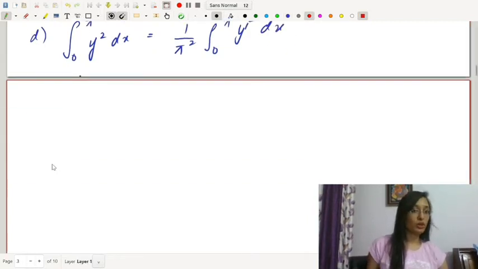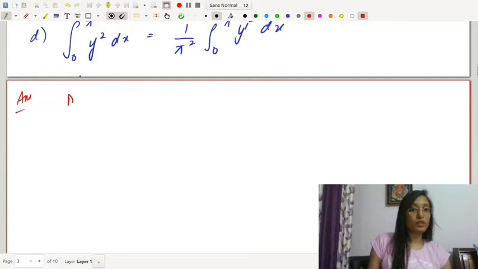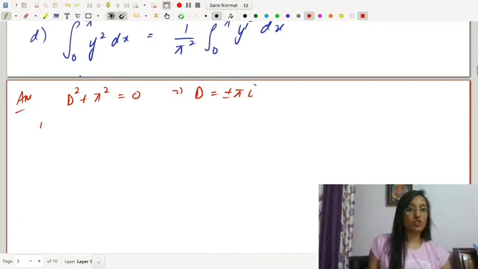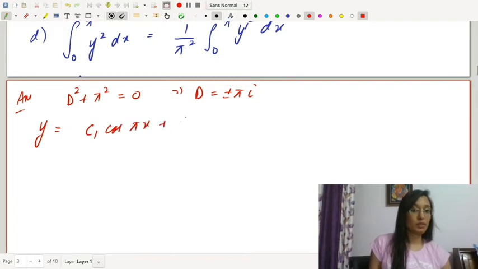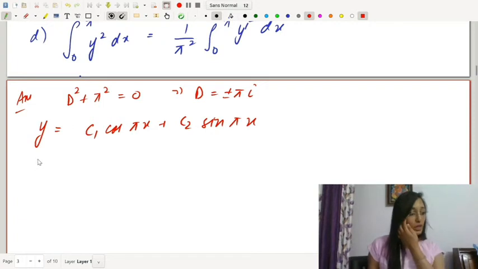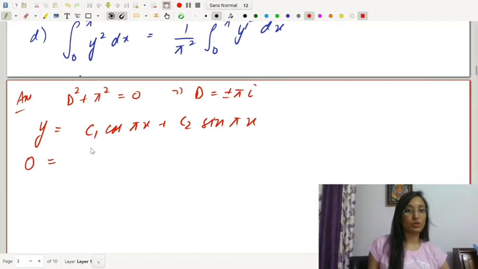Now to solve it, D square plus pi square is equal to 0, which in turn implies D is equal to plus minus pi iota, which in turn implies the general solution is c1 cos pi x plus c2 sin pi x. Now we are given that y of 0 is 0, so 0 is equal to c1 times cos 0, which is 1, plus c2 times sin 0, which is 0. Therefore c1 is 0.